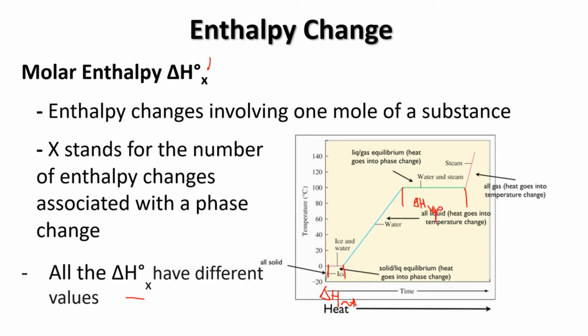There's even more. You can even reverse these, because you could have the graph going backwards, and instead you'd have the enthalpy of condensation, or the enthalpy of freezing. They all play out the same, but they do have different values. If you start looking these things up on the internet, you're going to find they get different values for water. It really depends on where the question is taking place.